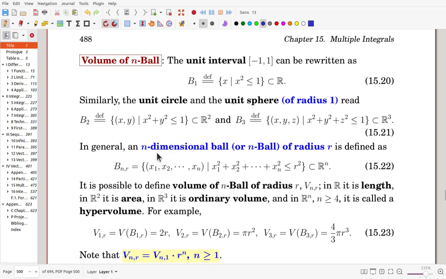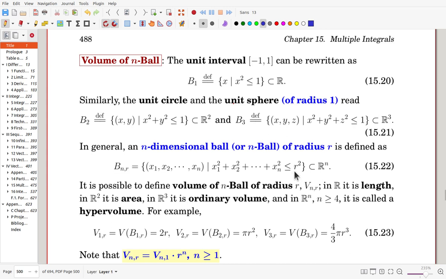In general, the n-dimensional ball of radius r is defined as in this equation. B_n(r): n indicates the dimension, r indicates the radius. It is the collection of points whose square sum is bounded by r squared.